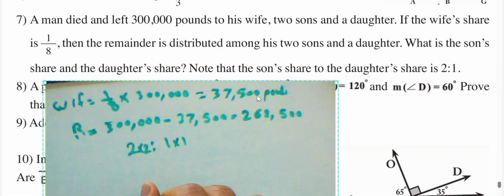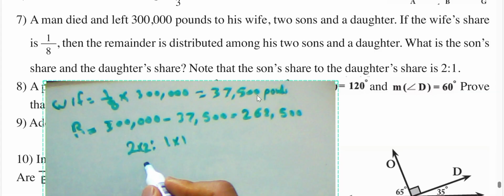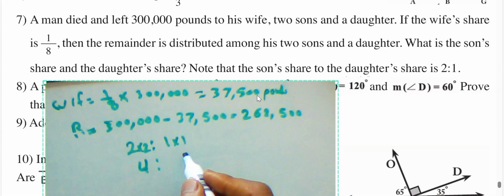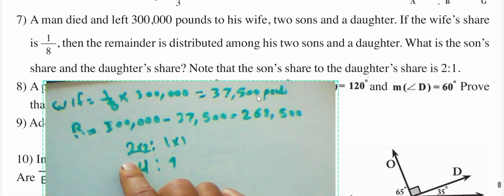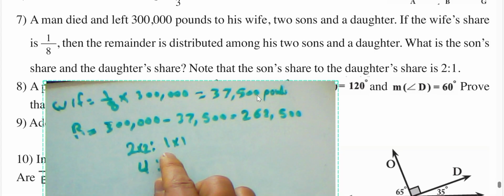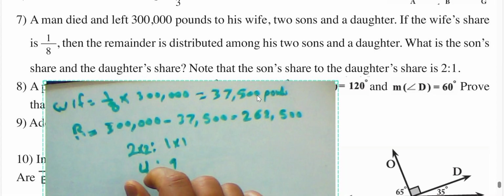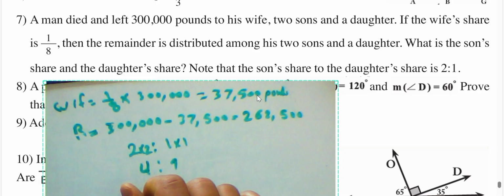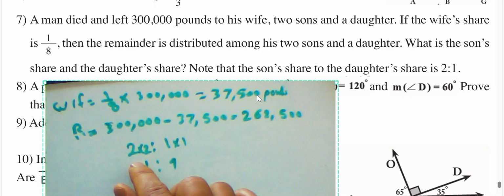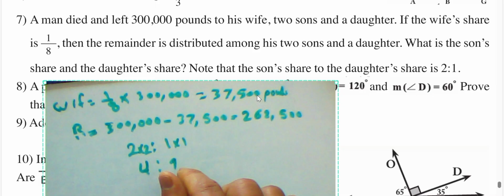We have 2 boys, so the number of parts for the boys will be 4 parts, and the number of parts for the daughter will be 1. All the sons will take 4 parts, and the 1 daughter will take 1 part.